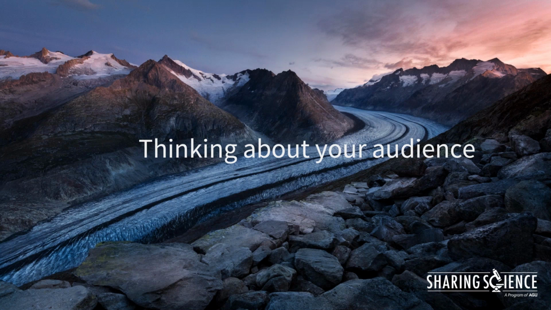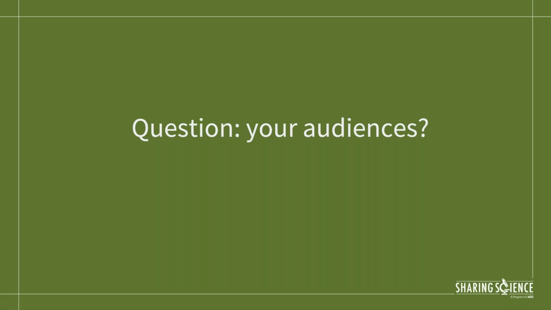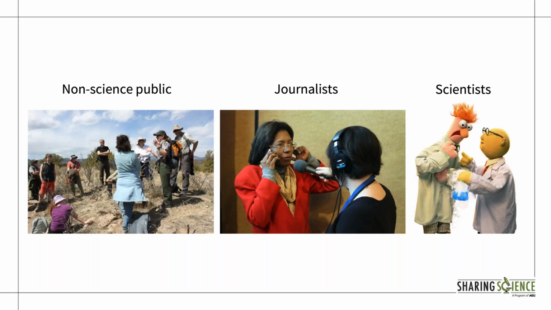And when you're writing your abstract, and especially a plain language summary, you want to think about who you want to be talking to about your science and who you're hoping is going to read about it. So obviously you're trying to talk to other scientists, but presumably you also want to connect with journalists, or let them know about it, and either indirectly through the journalists or directly talk to the non-scientist public.